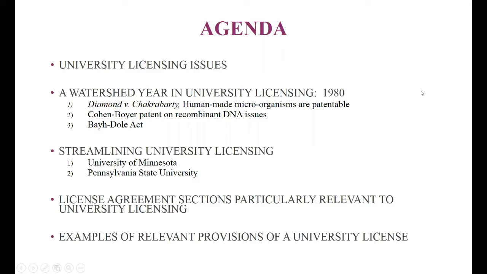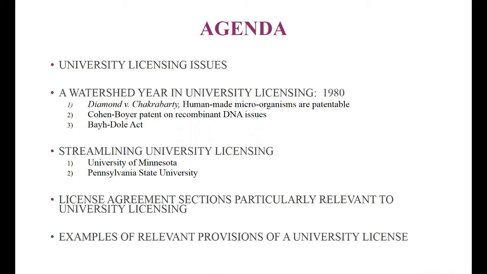So the agenda for today is we're going to talk about some university licensing issues. We're going to talk about a big year in university licensing, a watershed year in 1980 when 3 items happened, and we'll talk about those in detail. And then we're going to talk about streamlining university licensing, what universities are doing in order to make their licensing go more smoothly and bring in more revenue.